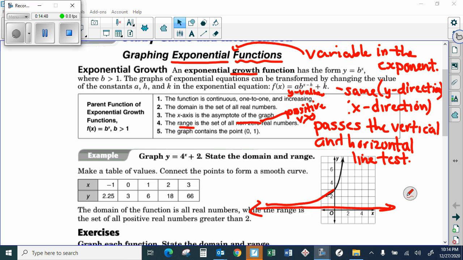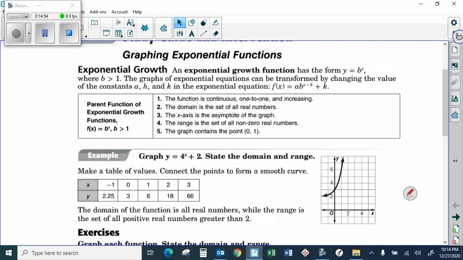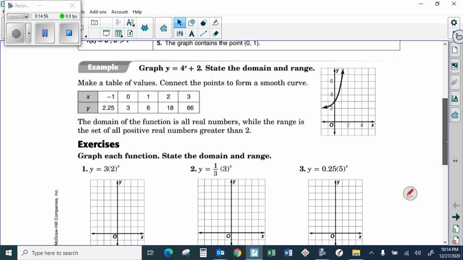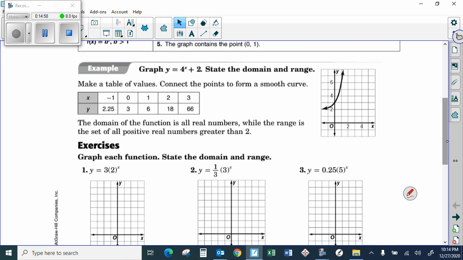All right, so now let's go ahead. Let me erase all this. You can go back and pause it and write all this down if you haven't done that yet. So it says graph 4 to the x plus 2, state domain and range. Well, remember here, this tells me it's shifted up 2. So normally I'd have 4 to the 0. This says add 2 to all the y coordinates that I normally would have.